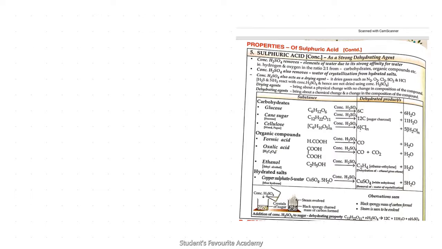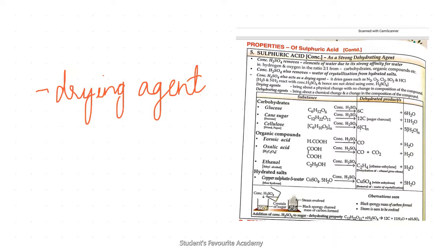Now concentrated sulfuric acid also removes water of crystallization from hydrated salts. So you know what water of crystallization is. Even concentrated sulfuric acid has the ability to remove that water as well. And then the third point: concentrated H2SO4 also acts as a drying agent. Why is it acting as a drying agent? Because it is capable of absorbing all the moisture.